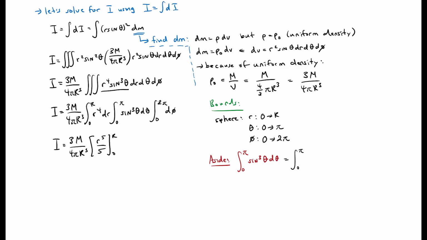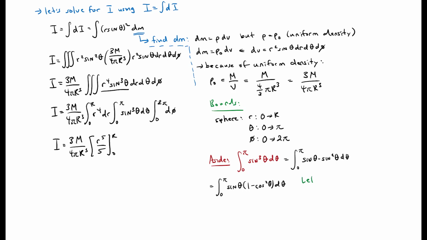So 0 to pi of sine theta sine squared theta d theta. That means this is equal to the integral from 0 to pi of sine theta. I can rewrite sine squared theta as 1 minus cos squared theta d theta. And now I can use substitution.